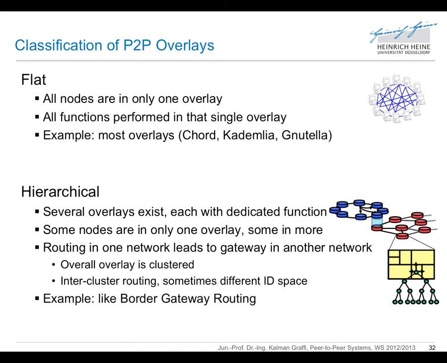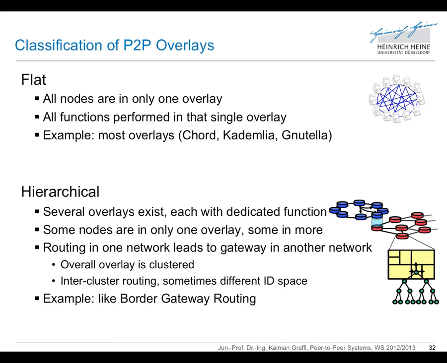That's why they are quite rare, and typically you have only 2 layers. But it's good to know how it works. Like I said, you have virtual nodes. They act as gateways to other networks. The overlay is clustered. You have these different layers, different ID spaces.